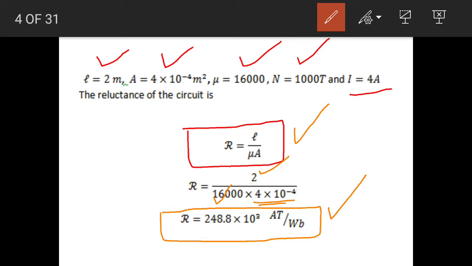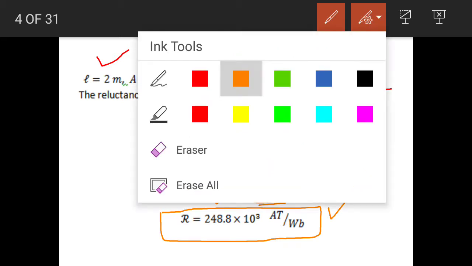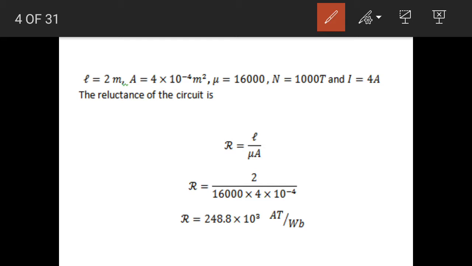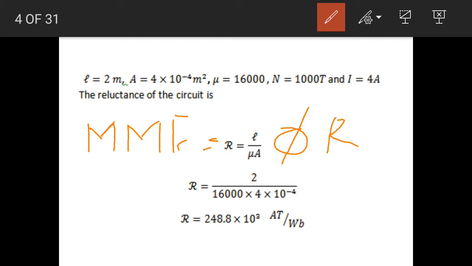Let me explain the unit of the reluctance to you. You see, MMF is the magnetomotive force. This magnetomotive force is responsible for generating the magnetic flux in the magnetic circuit. We know that it is equal to phi r. So MMF is equal to phi r, where r is the reluctance of the magnetic circuit.